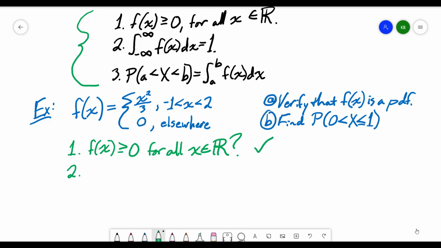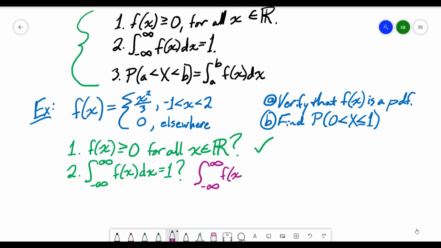All right, so the second thing that we need is the integral from negative infinity to infinity of f of x dx to equal 1. So we need to know if this is true. To figure out if it's true, we should take this integral. If I take the integral from negative infinity to infinity of f of x dx, now this function has two different values depending on where we are on our real numbers.